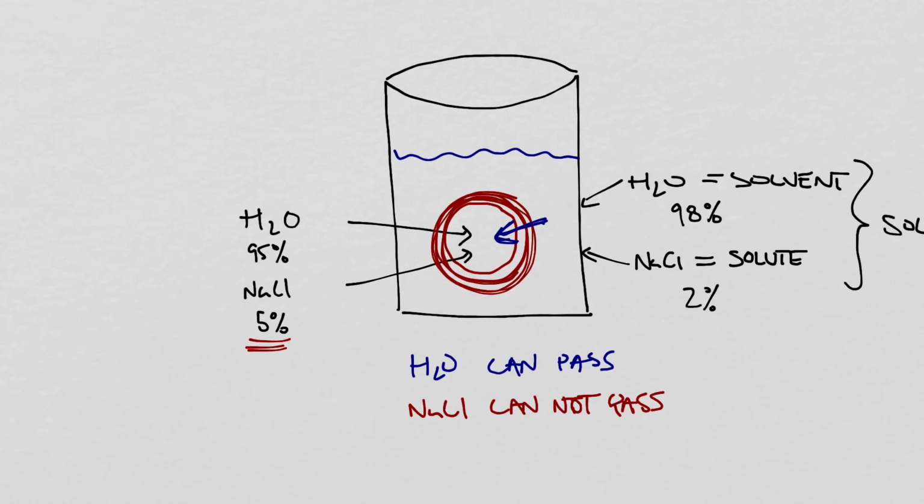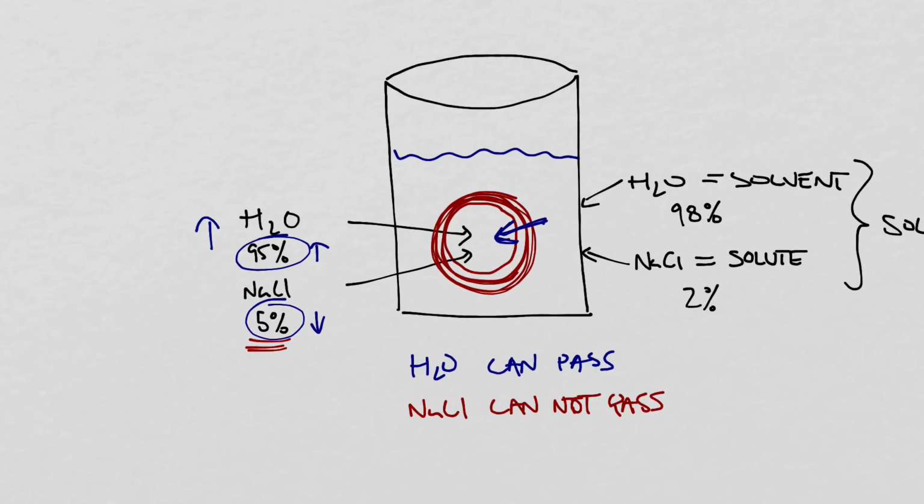However, the number of water molecules increases, right? Because water's, again, moving into the cell. So these numbers change. This is actually going to go up, and this number is going to go down, not because the number of salt particles are changing, but because the relative ratio of water to salt is changing. We're getting more water molecules inside the cell than there were before.